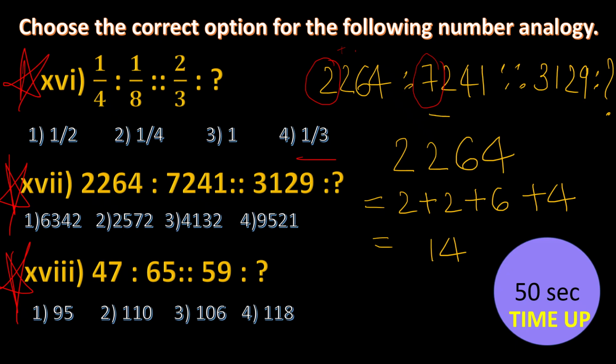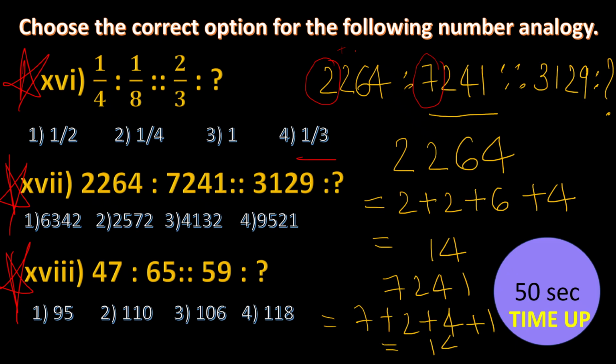Same thing when you do for 7241, 7 plus 2 plus 4 plus 1, that also gives you 14. So you can see, when you add between the numbers, the sum is 14. Here also when you add between the numbers, the sum is 14. Same logic you need to apply for this.